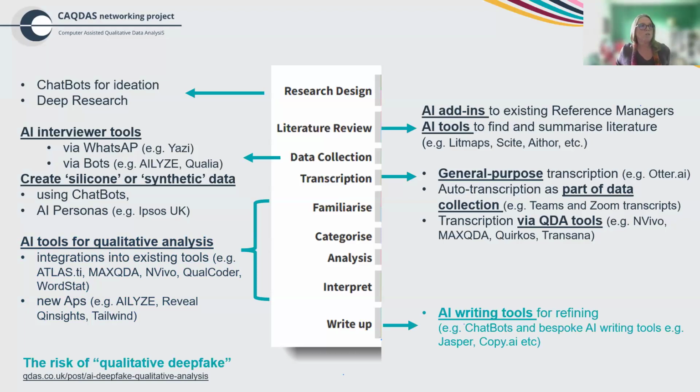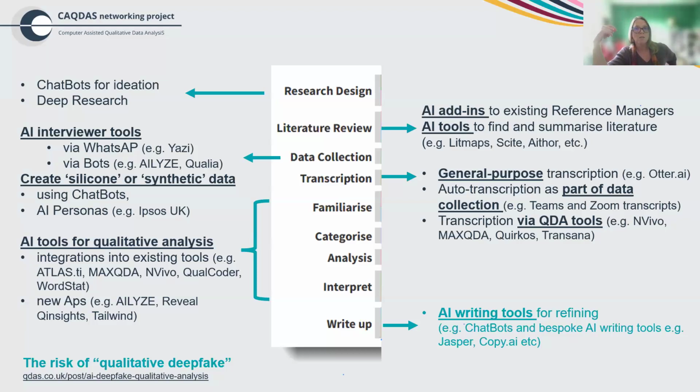But I just want you to notice at the bottom left of this slide that term, qualitative deepfake, which is my way of describing the reality that it is now, and has been for a while, possible to do a whole qualitative research project from start to finish using generative AI with minimal or even no human intervention.